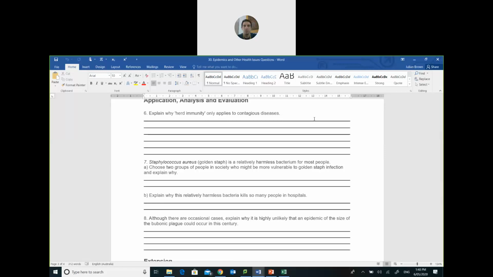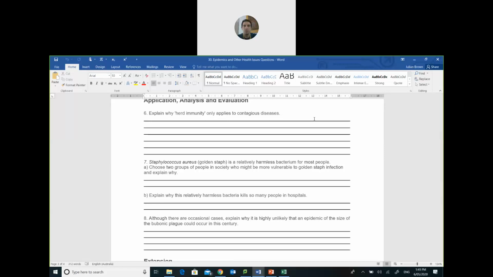So pretty much people that are immunocompromised. You're right. Old people, their immune system isn't as good as it used to be. Younger people haven't developed an immune system that's strong enough yet. People that have diseases that might lower their immunity are potentially at risk of getting infected by these particular bacteria as well.